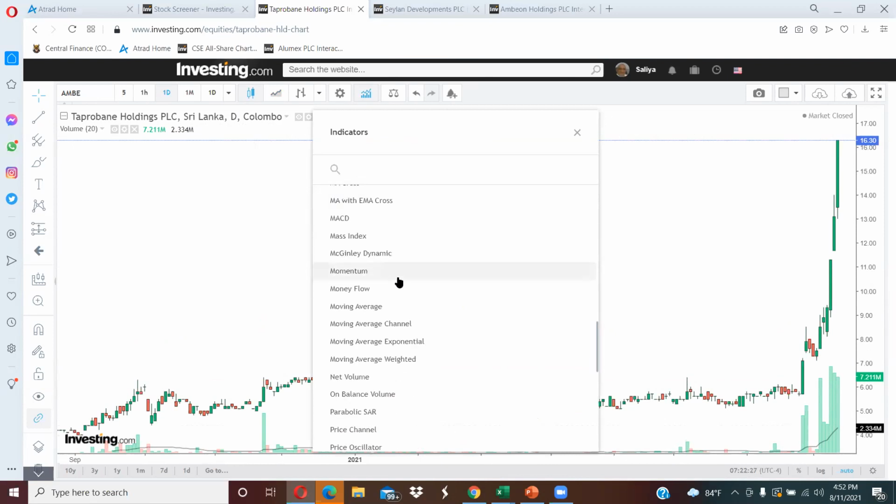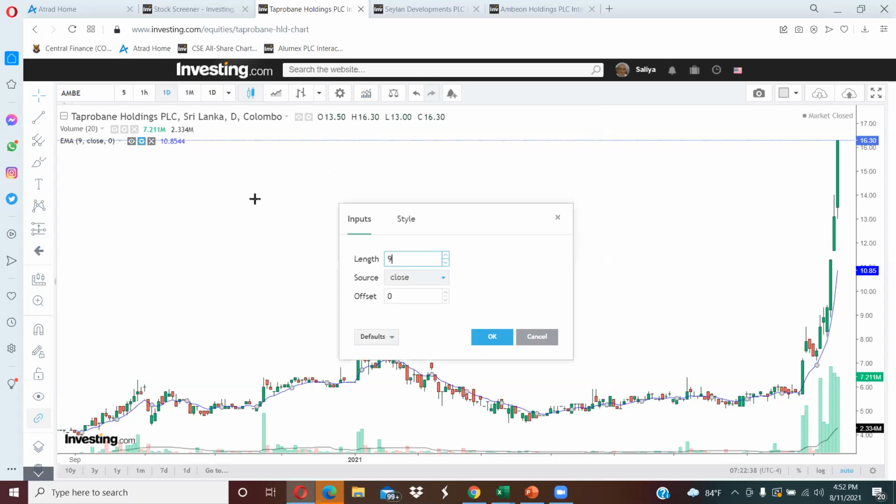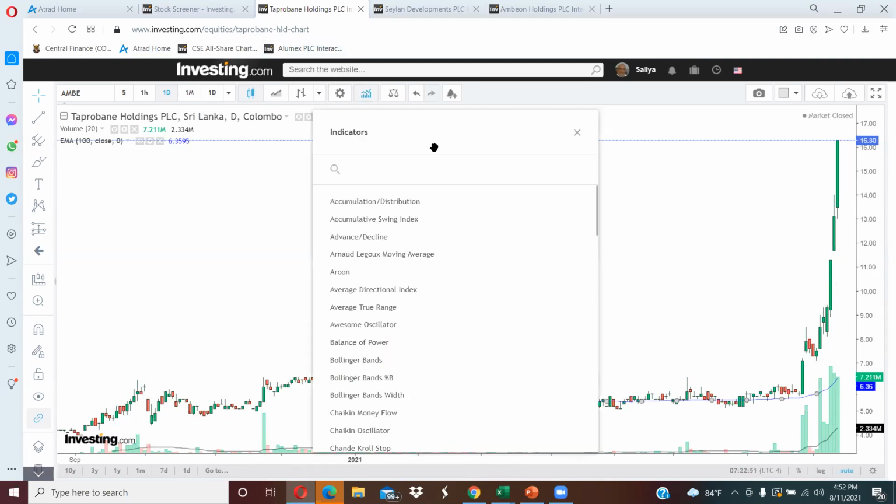We will be picking up the moving average exponential. Then we are going to change the time period to 100. Now we are still at the day chart. We are in the day chart right now. Then we are going to use the RSI.